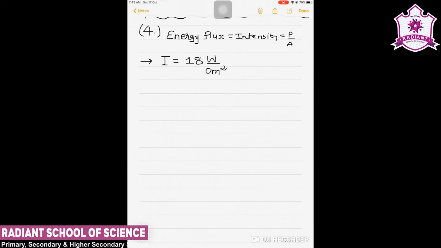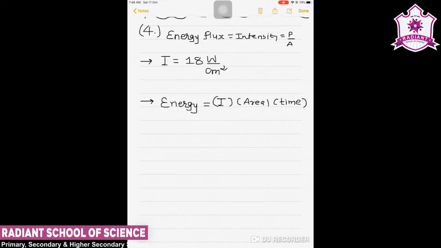Now the equation of energy can be written in terms of power. We can say total energy is equal to intensity into area into time.